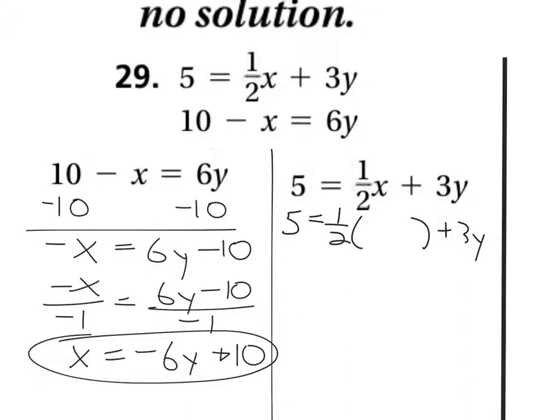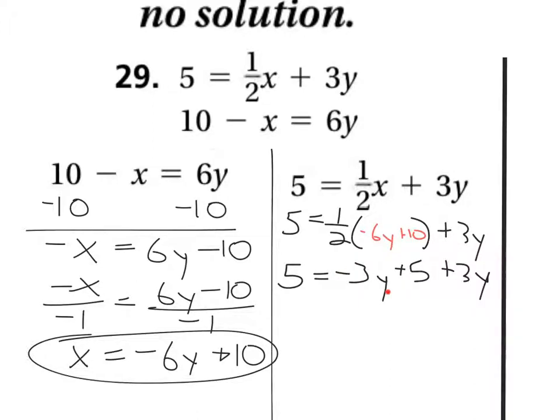What is x equal to? x is equal to negative 6y plus 10. So we're going to have to take half of that amount. 5 is equal to, what's 1/2 of negative 6y? Well, that's negative 3y. And what's half of 10? Well, that's 5, plus 3y.